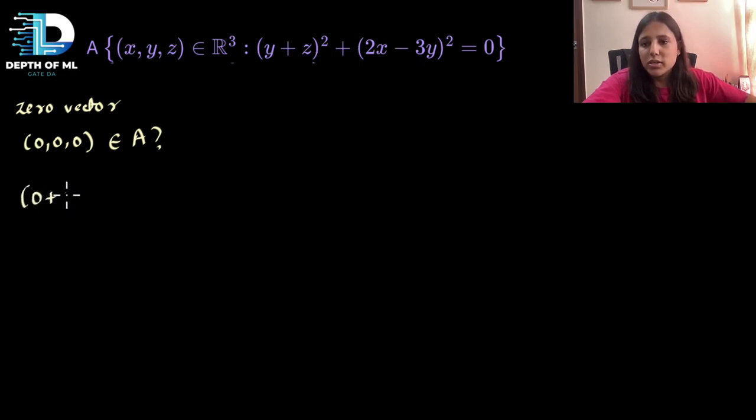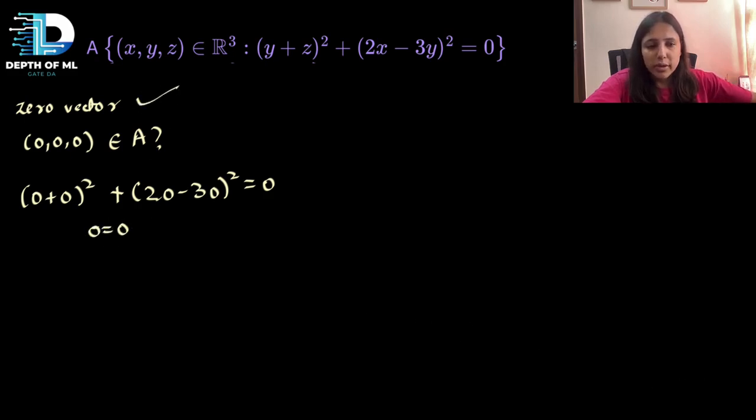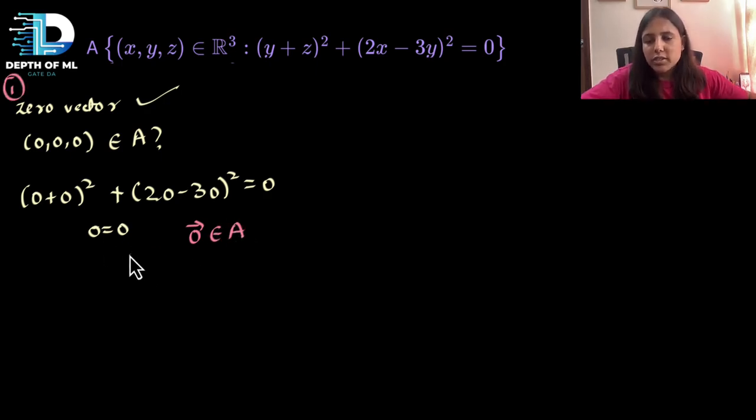So I'll say 0 plus 0 square plus 2 into 0 minus 3 into 0 square equals 0. This is actually 0 equals 0. So this checks out. The zero vector belongs to A. So this is correct. Now we have to check whether this is closed under addition or not.